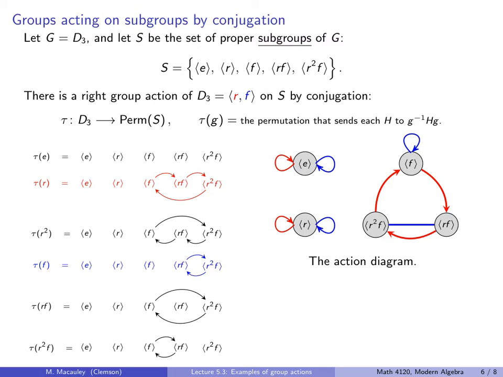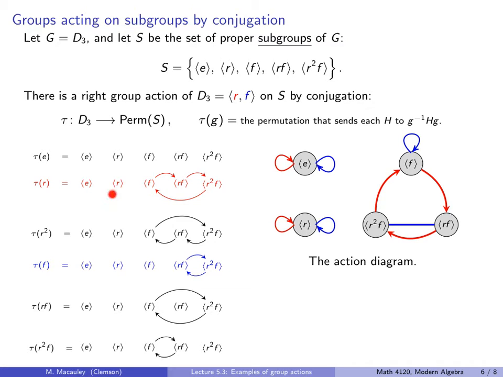Here is a picture of what each of these permutations looks like. So pressing the e button, the identity button, fixes this entire set. If you press the r button, then these two subgroups are preserved, and these three subgroups cycle like this.